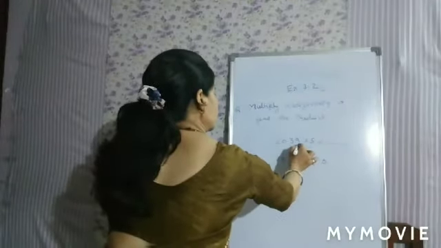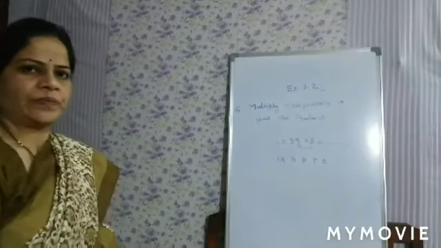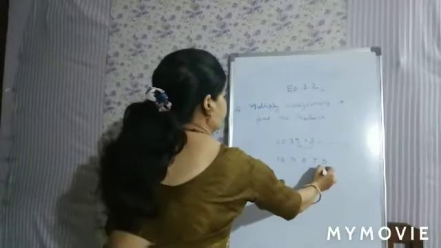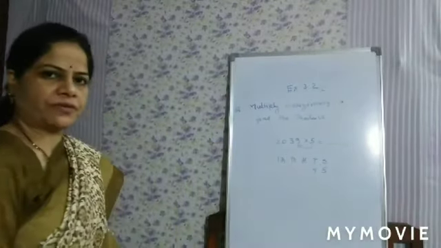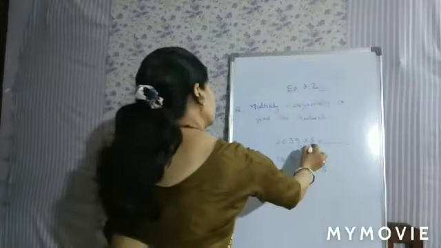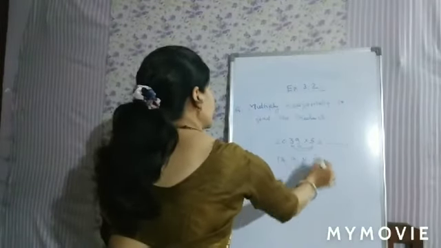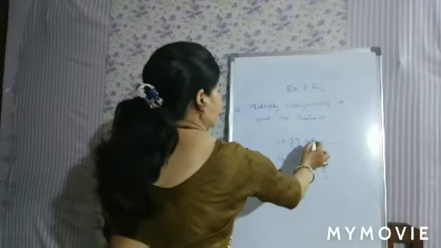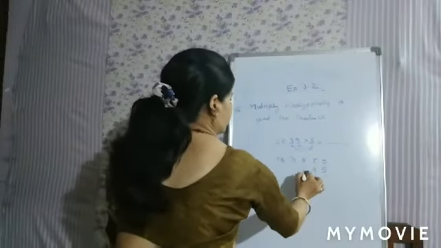Okay, so first multiply 5 and 9. 5 nines are 45. So write 45. Then leave ones place and multiply 5 and 3. 5 threes are 15.